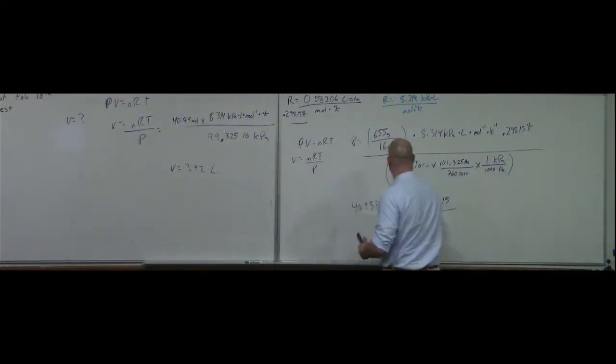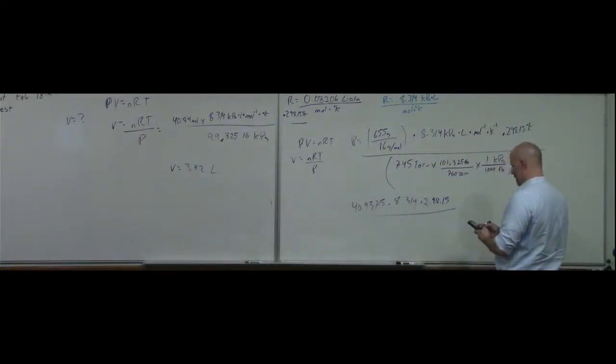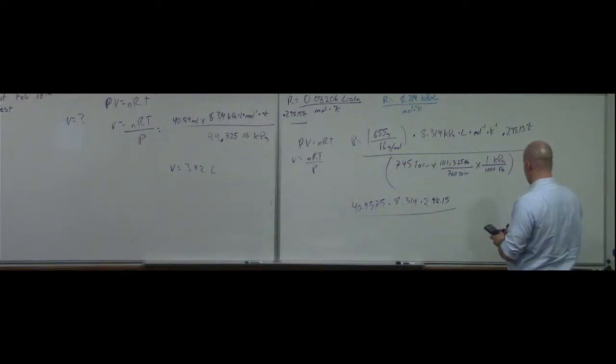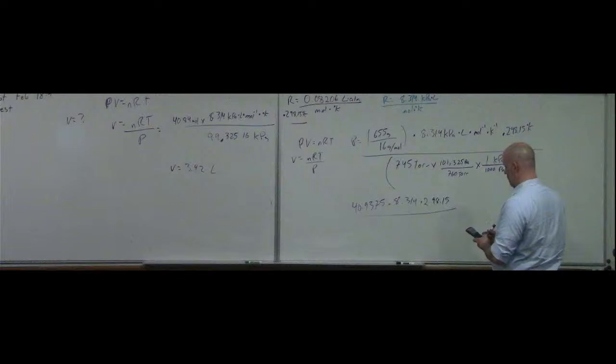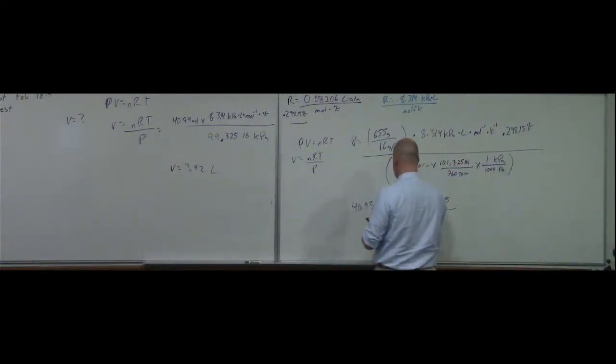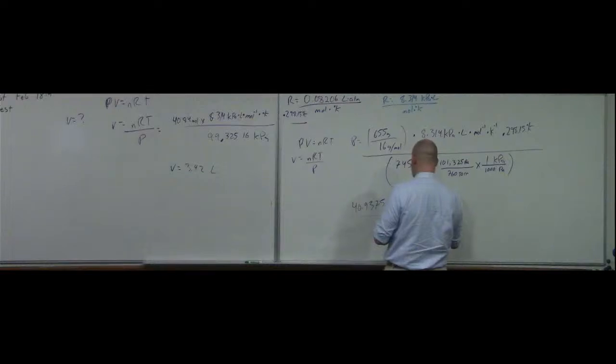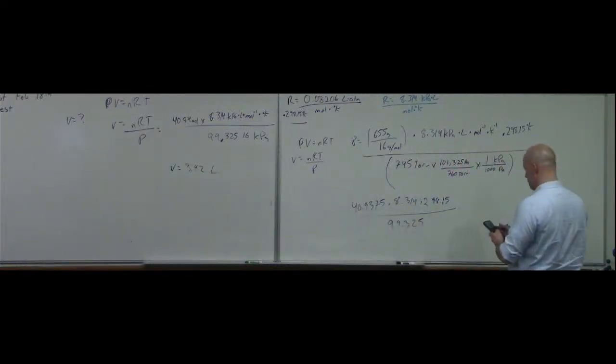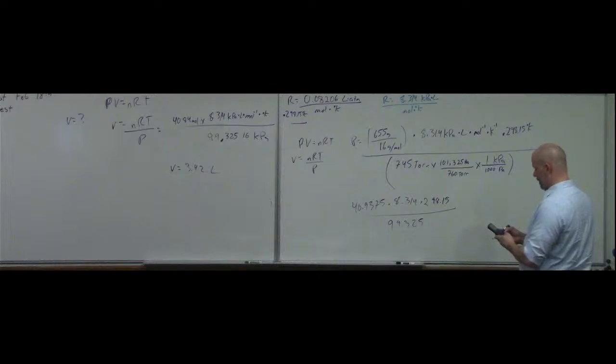And now I come down here: 745 times 101.325 divided by 760 divided by 1,000 is 99.325. Does that seem right? Are you double checking me? Somebody's got to double check me. Okay, I get the same answer.